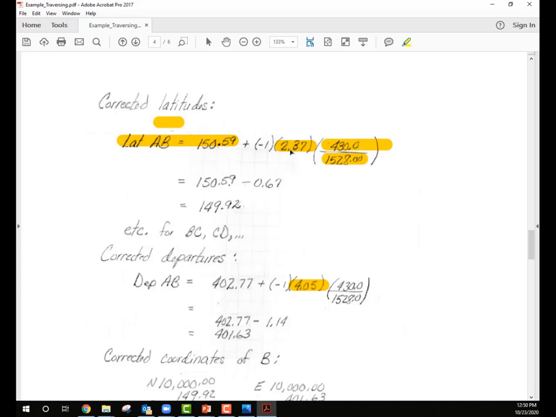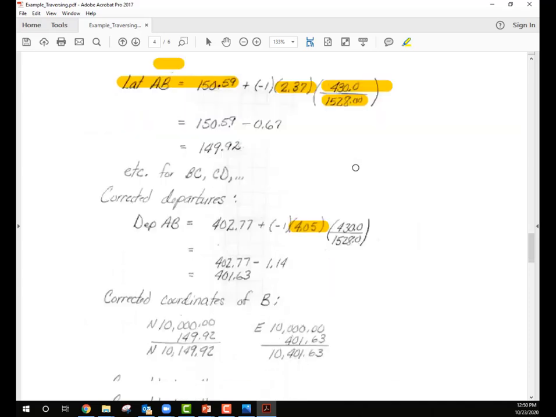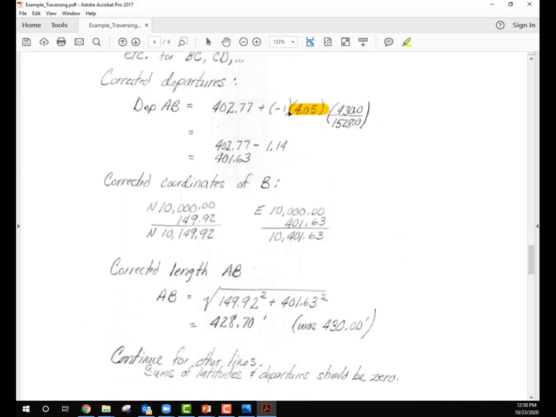So I'm proportioning my error in latitude across this particular line segment according to the length of that line segment divided by the total perimeter, or the length of the entire shape. I do the same thing for departures.